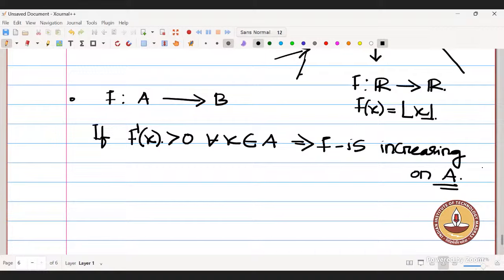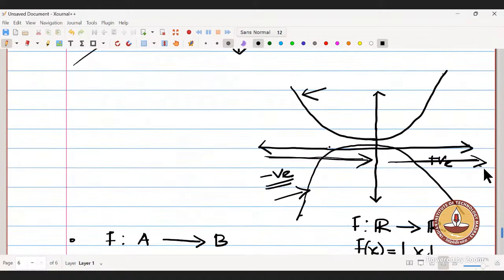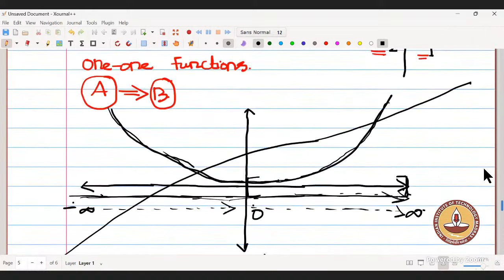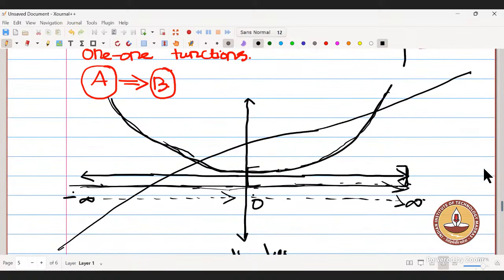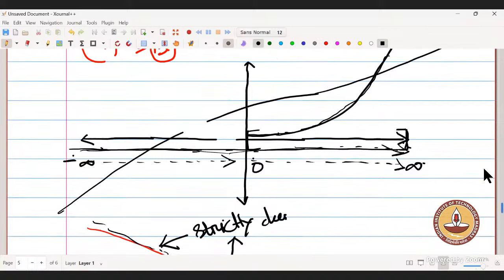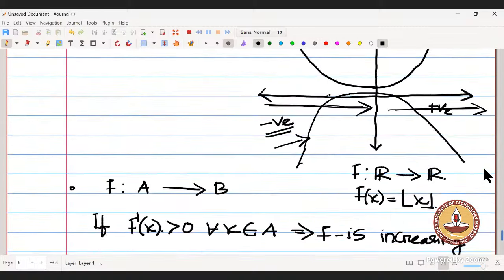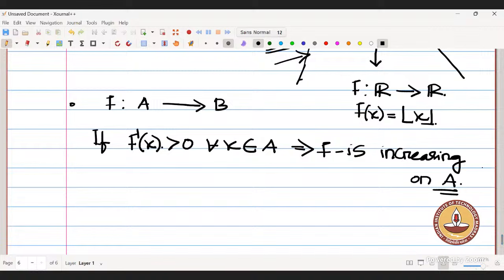Which domain you are considering. For example, just now I said, if I take this function, whatever it is, only on this part. So basically we are finding, sir, that the slope is always positive. Correct. If the slope is always positive, then on that region the function is increasing.